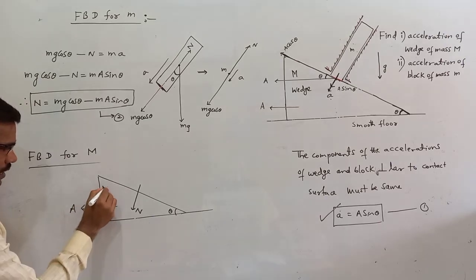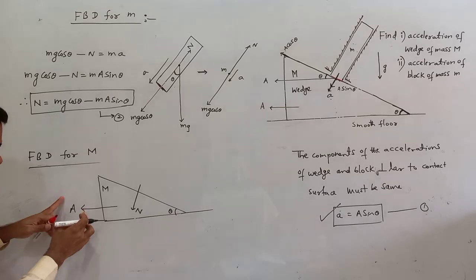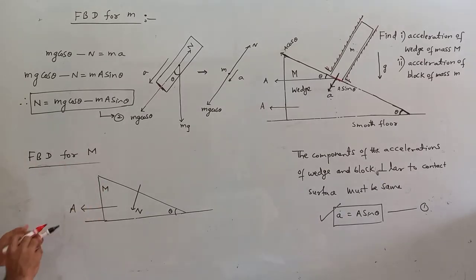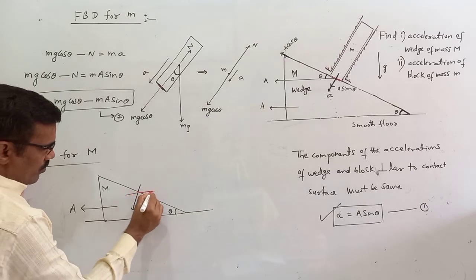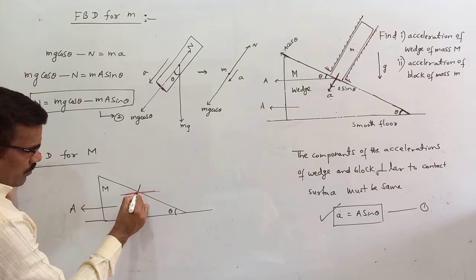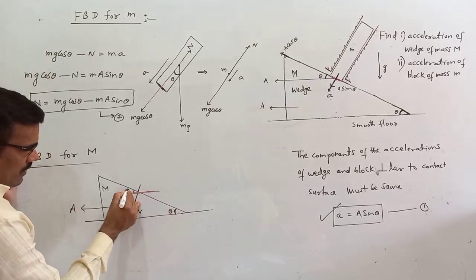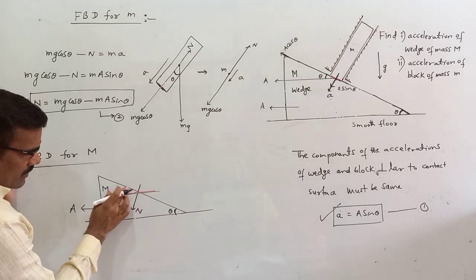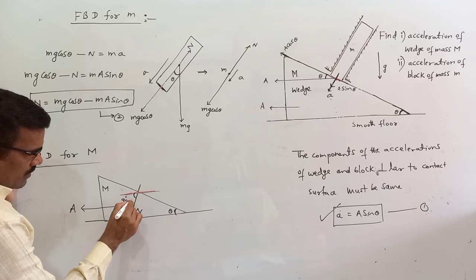What is the force along this side? That is the net force acting on the wedge. Listen carefully. Along this side, what is the force? This angle is theta, so the remaining angle is 90 minus theta.